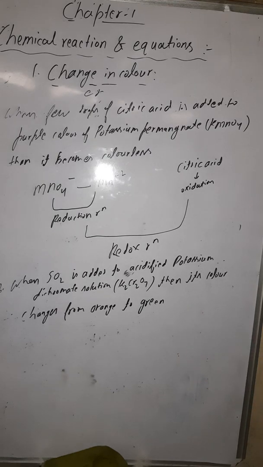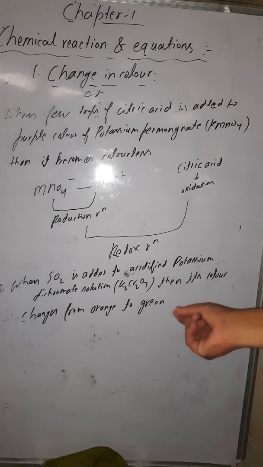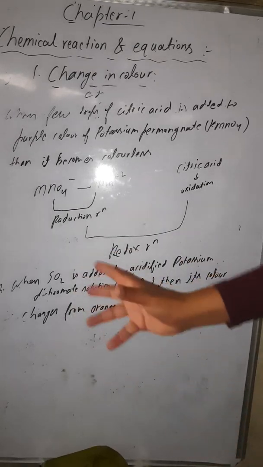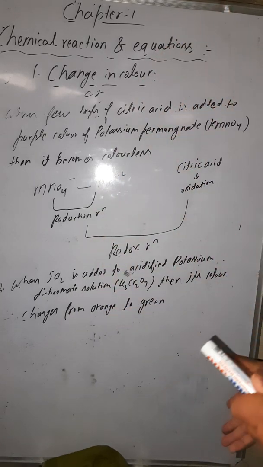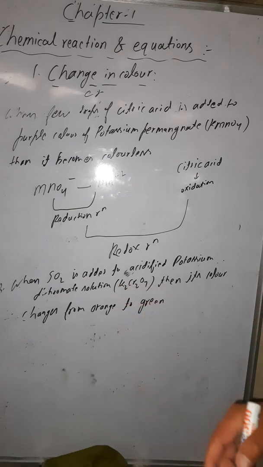So you have potassium dichromate K2Cr2O7 and you have SO2, that is sulfur dioxide.